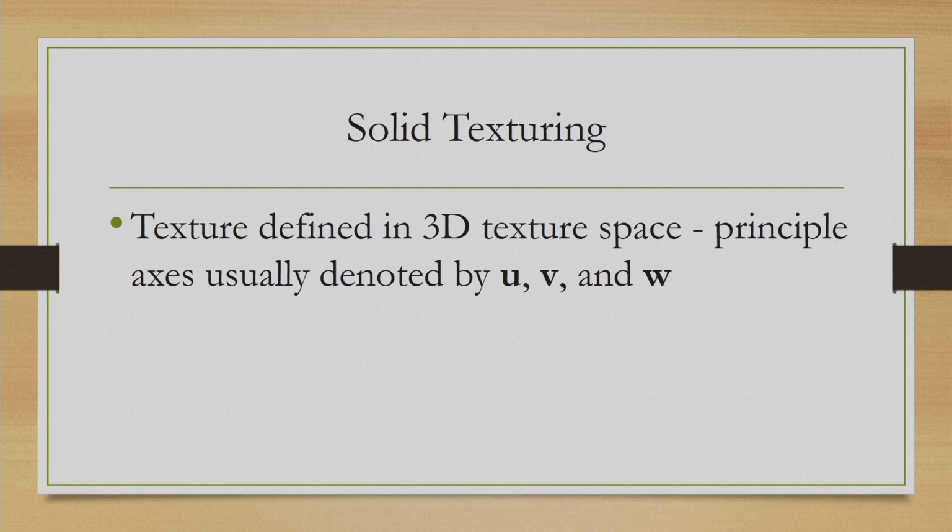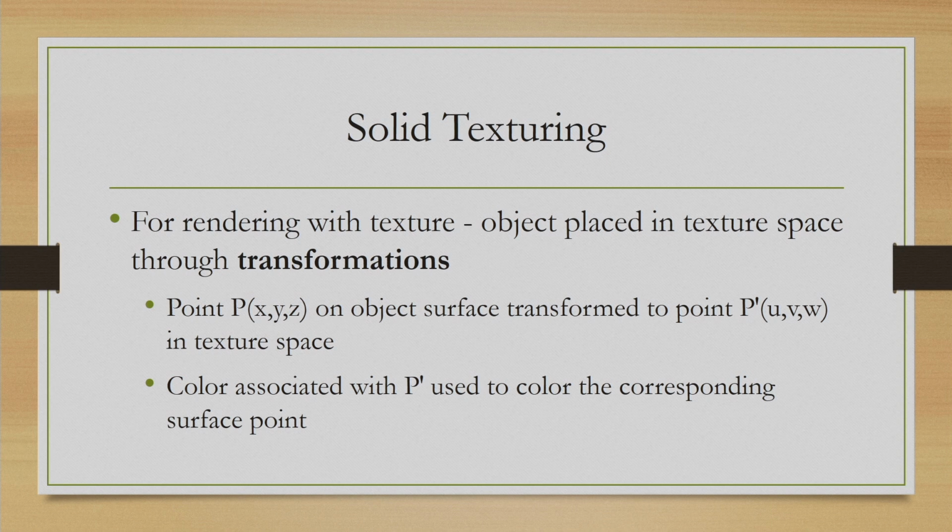Now, earlier we have seen that we are defining a texture space in 2D. Now, we are defining texture in a 3D texture space, where the principal axes are usually denoted by U, V and W. Then we perform some transformations to place the object in the texture space.